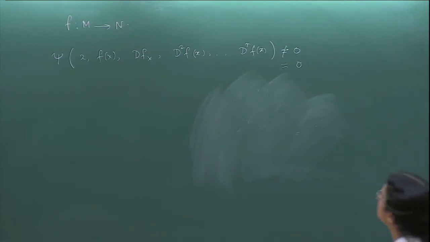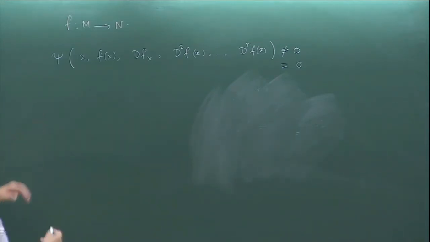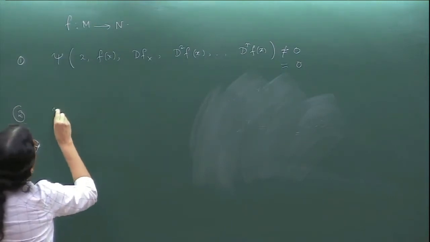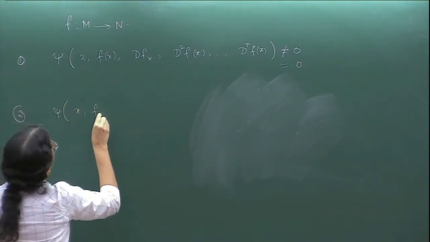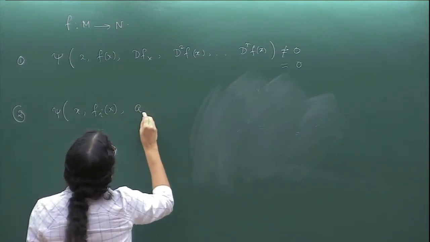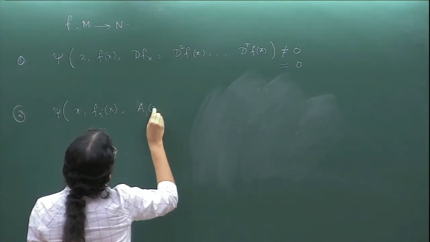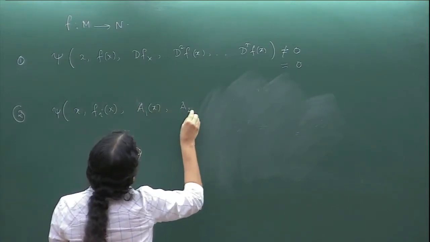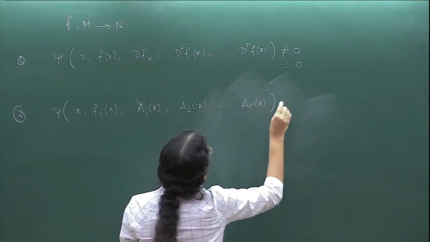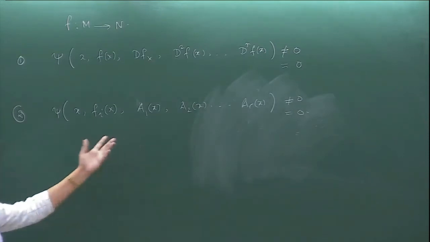So that is a differential relation. Again, what is a formal solution? A formal solution would be, I'll be replacing these things by certain functions. So let us call this, so this is another equation.